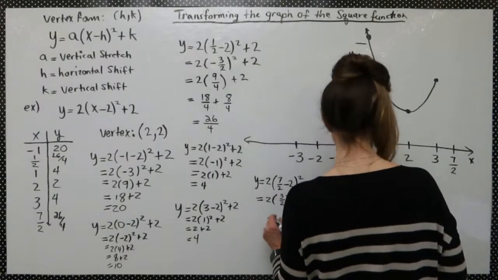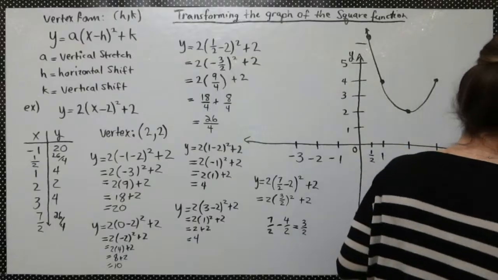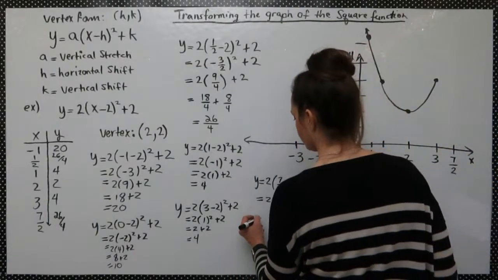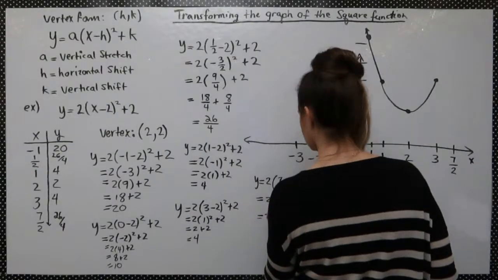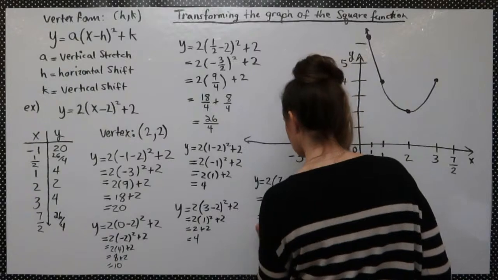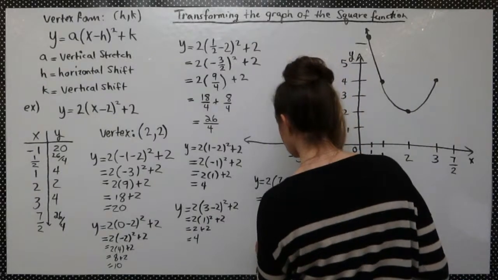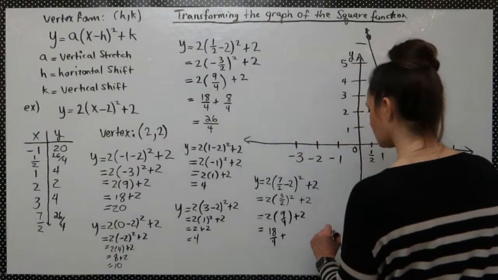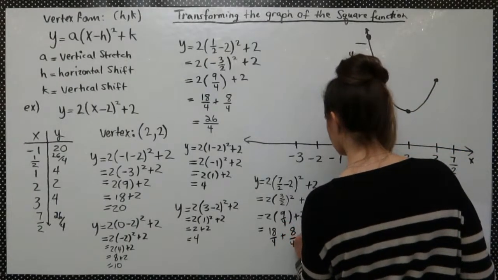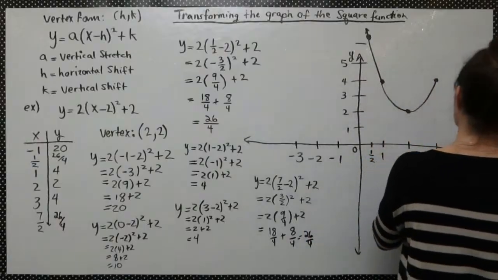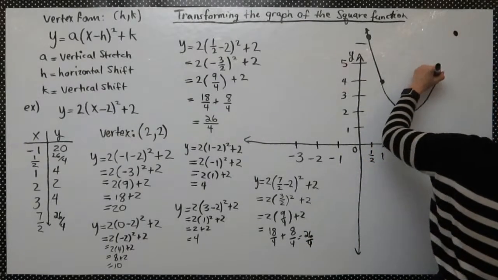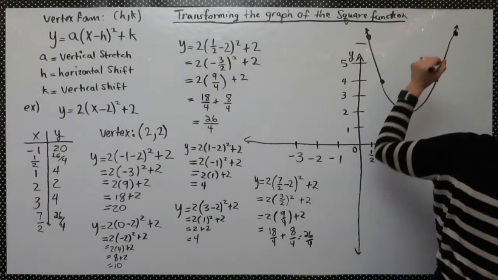And then two times 9/4 plus 2. That is 18/4 plus 2. So I'll just say that that's 8/4, and then you get 26/4. So we have, there we go.